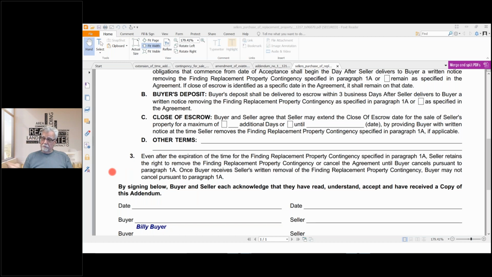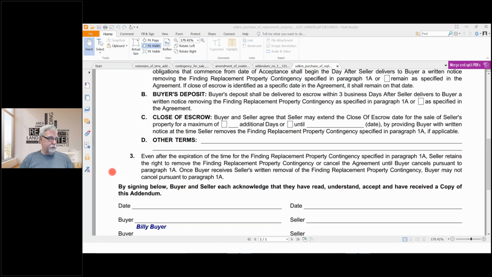So one of the things I pointed out to the agent that I was working with is the buyer needs to understand that there is nothing in this contract, this addendum, that says the buyer has the right to change their mind and not buy the property.